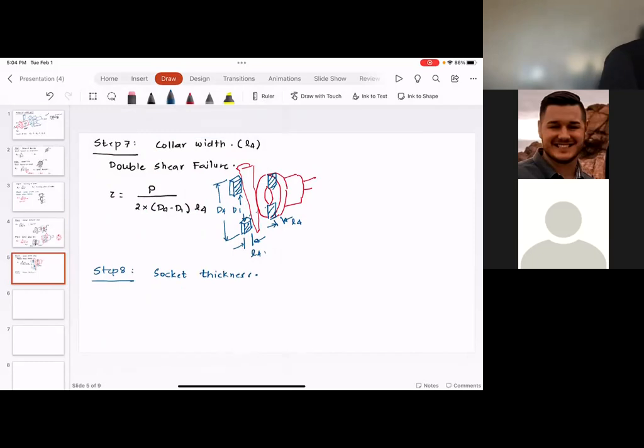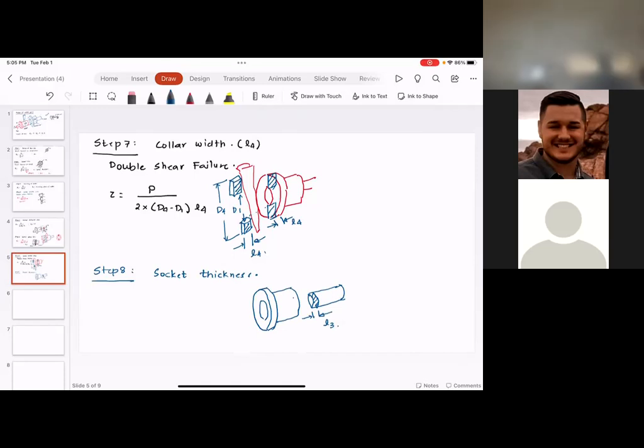Now I want you to visualize this type of failure. Imagine that you have this rod, and that rod comes out of the socket. So this is the thickness, and this dimension is L3.